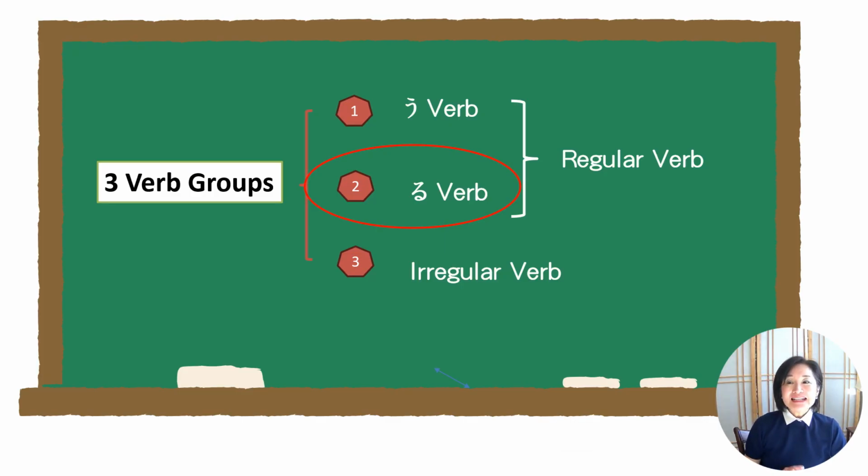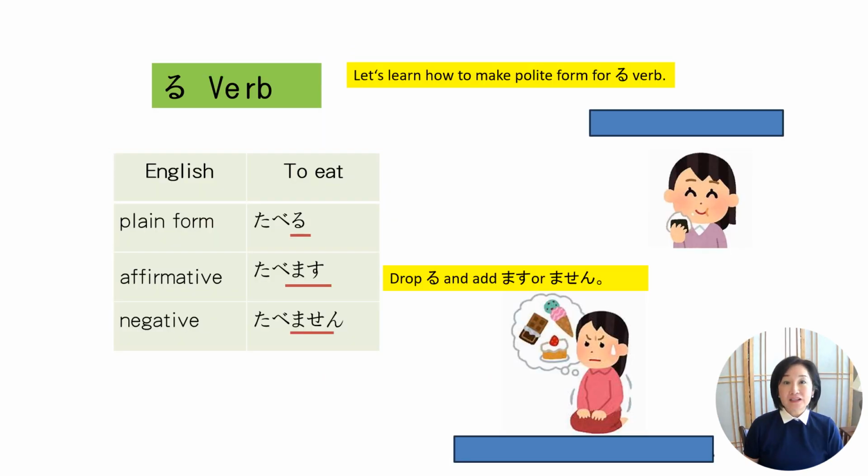Okay then, let's look at Ru verb conjugations. Ru verbs are called Ru verbs because when you look at the plain form, dictionary form, it is ending with hiragana ru. That's why it is called Ru verb. Now, there are some exceptions for that, and I'll talk about that later.